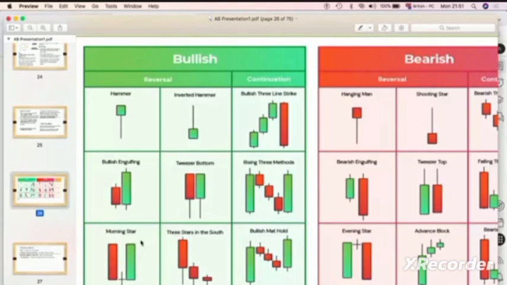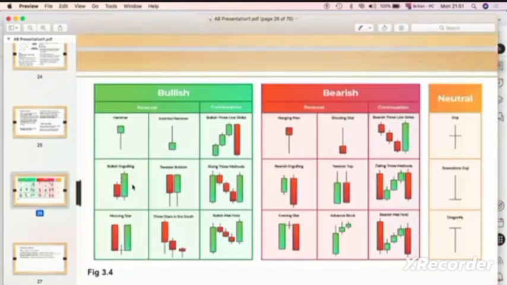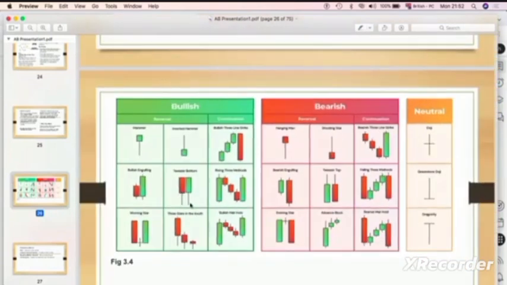So you know that once you see any of these candlestick patterns forming on your chart, those are indications for you that price is going very bullish.